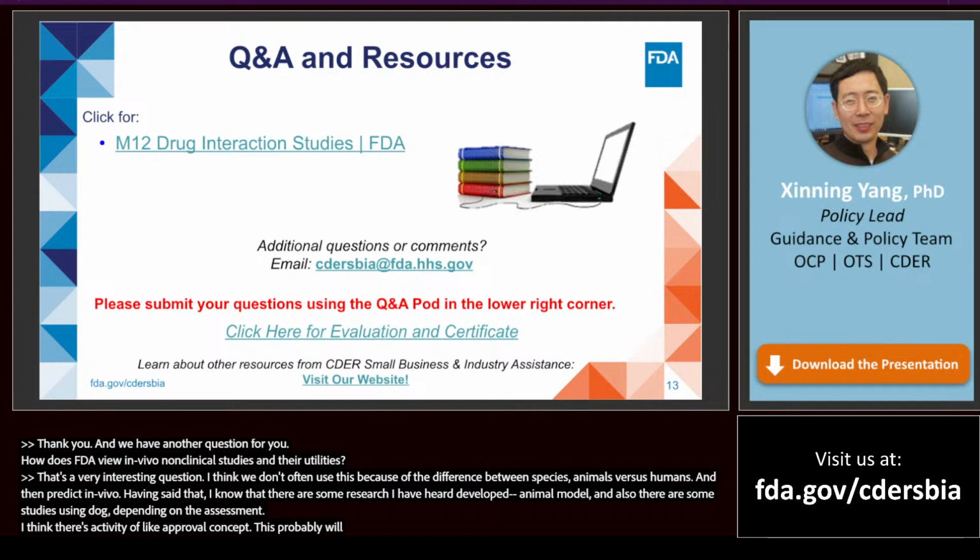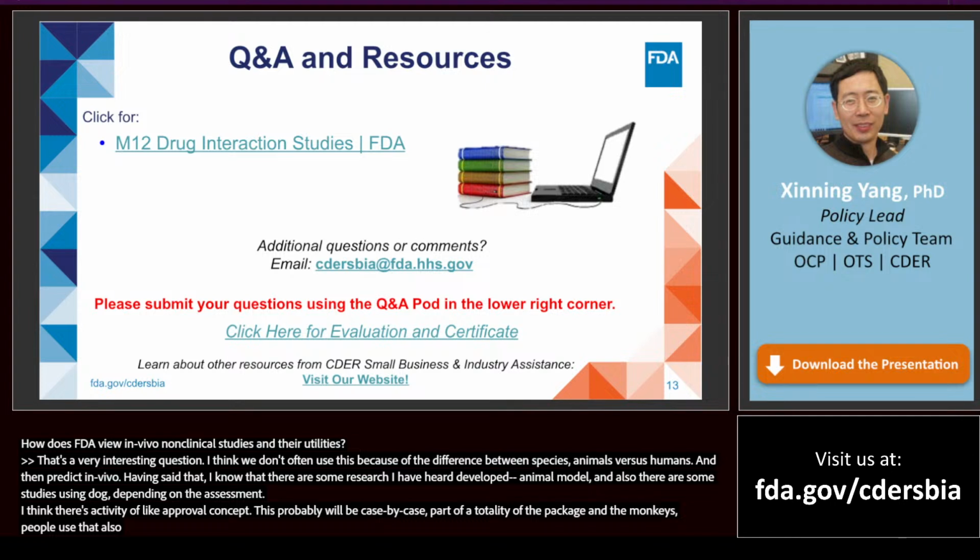It will be part of the totality of the evaluation package, and also the cyno monkeys. I think people also use that for OATP1B inhibition prediction, because cyno monkeys seem to have a great similarity in terms of OATP1B with humans.